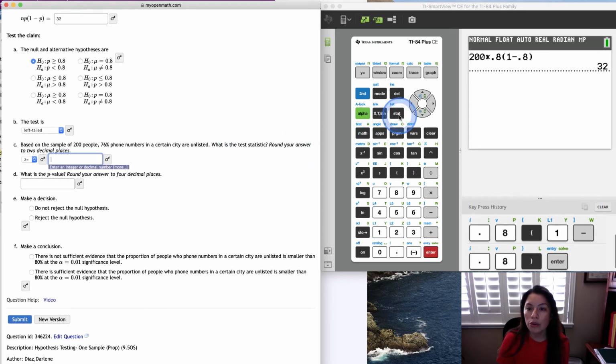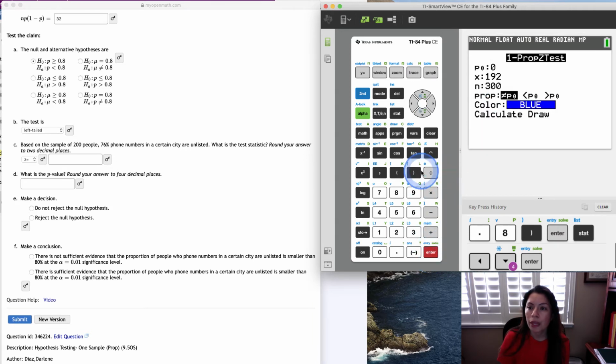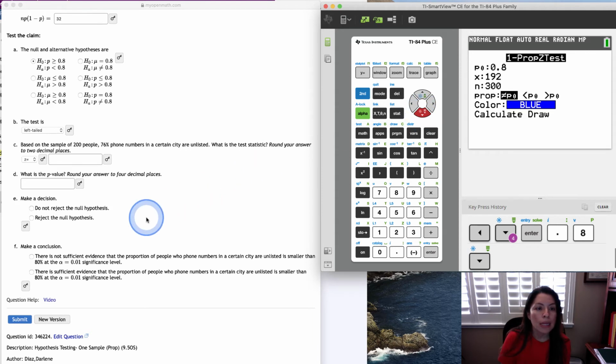So let's go to our calculator and hit stat and go to test. This is a one sample proportion, so I'm going to go down and select a one proportion test, which is 5. My null hypothesis, my population proportion, would be 0.8. And my x would be the 76% of 200. So that'll be 0.76 times 200.